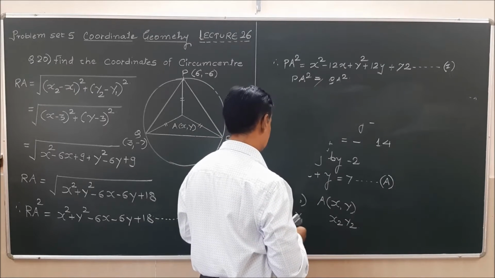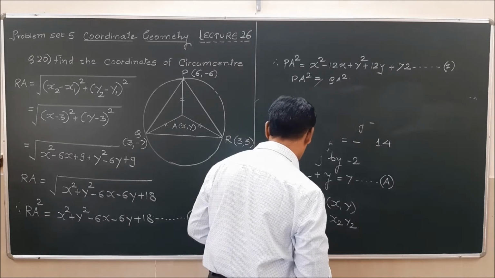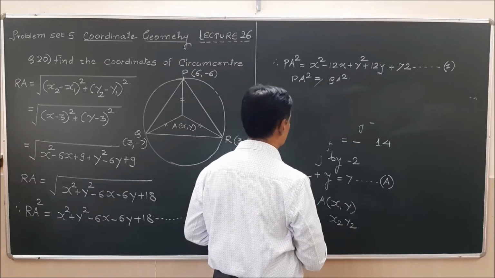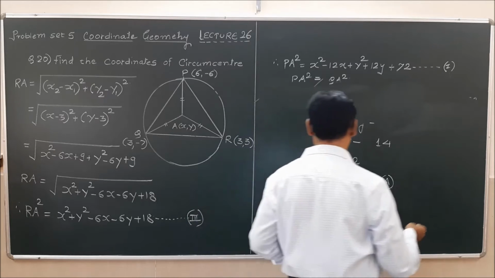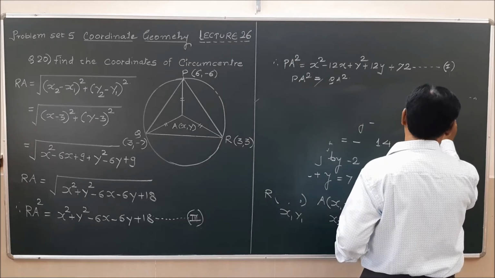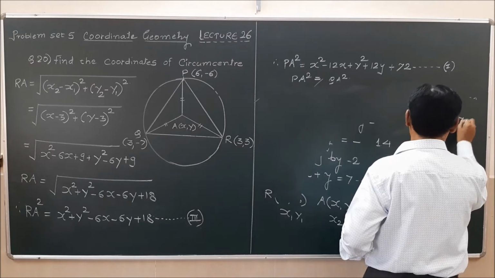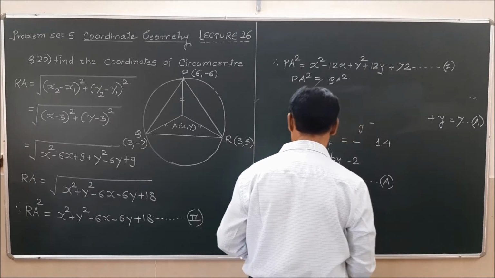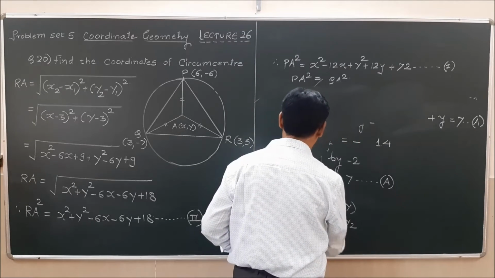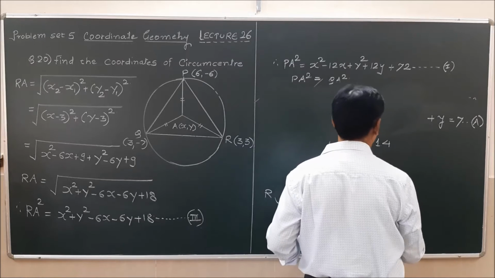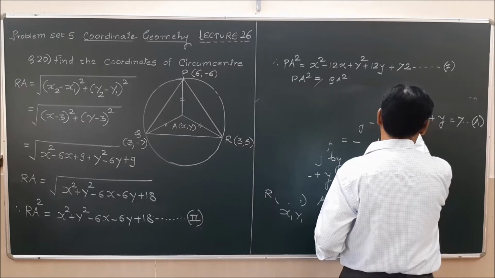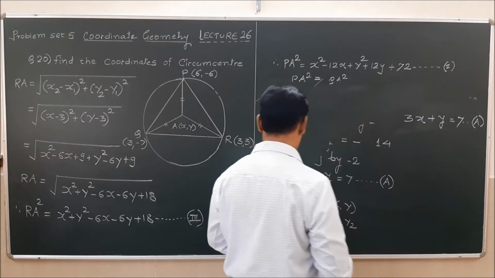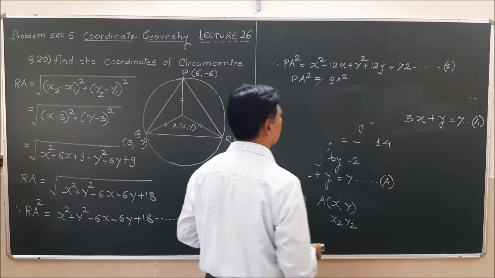So far I am trying to recall this number, what was the simultaneous equation: 3x plus y is equal to 7, that was our result A. I think it was 3x. Let's see if I get the correct answer, otherwise we have to solve it again.